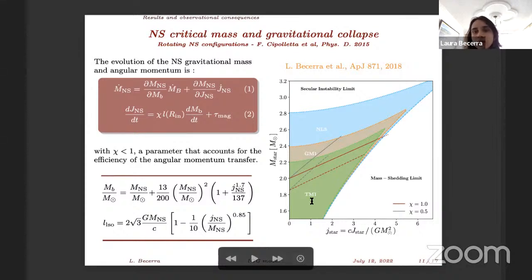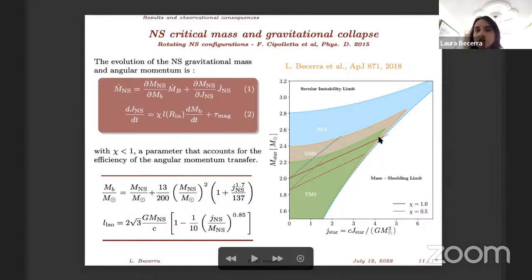So here we see two evolutions in the plane of the star mass and angular momentum. And we see, for example, if the star accretes angular momentum efficiently, which corresponds to the red line of this plot, both stars, the new neutron star that is the dashed line, and the solid line that is the neutron star companion, will quickly reach the mass-shedding limit.